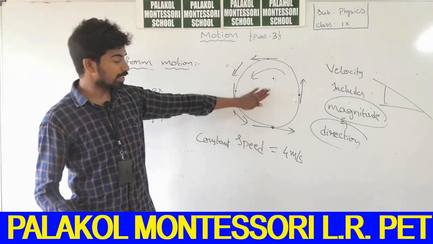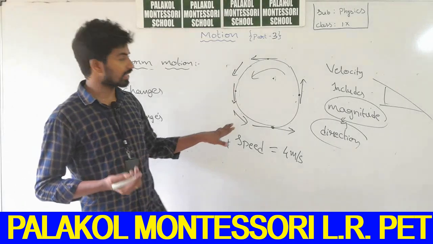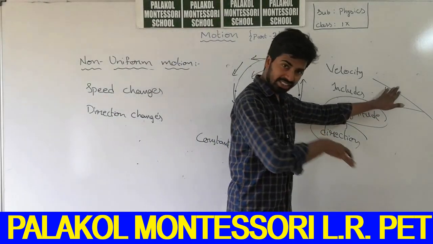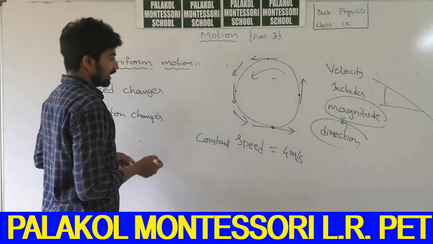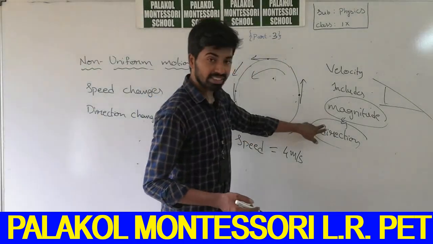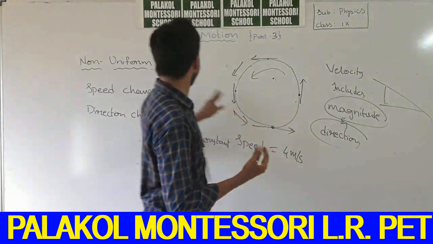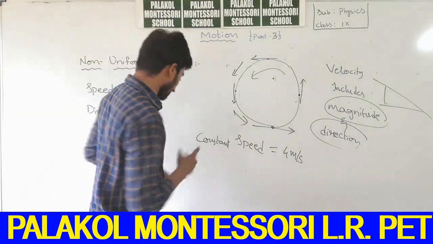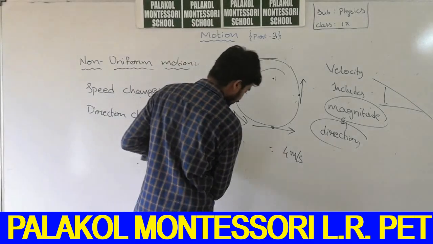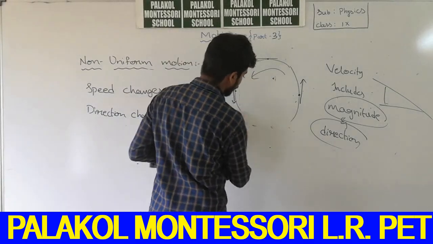In one example the speed is the same and the direction is changing; in the other the direction is the same and the speed is changing. Even if only the magnitude or the direction changes, it is a non-uniform motion, that means the velocity changes. If the velocity changes, we can call that motion non-uniform motion.